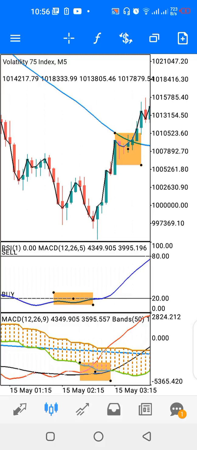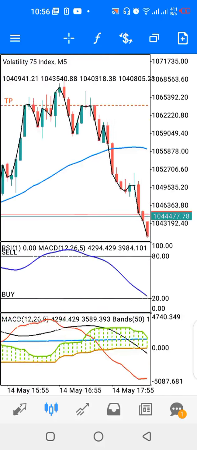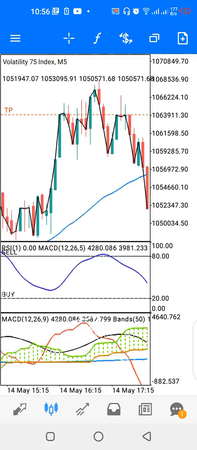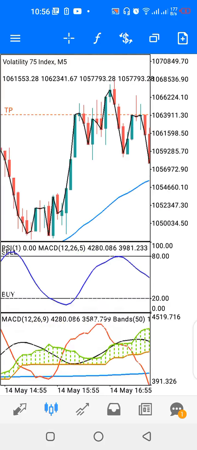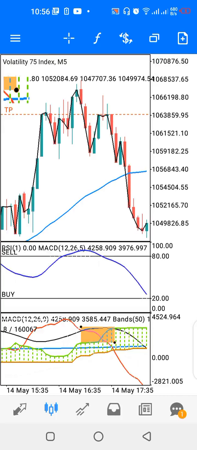For a sell signal, when you have them coming from the top and touching the top of the Ichimoku, like you have around here, that's your sell signal.